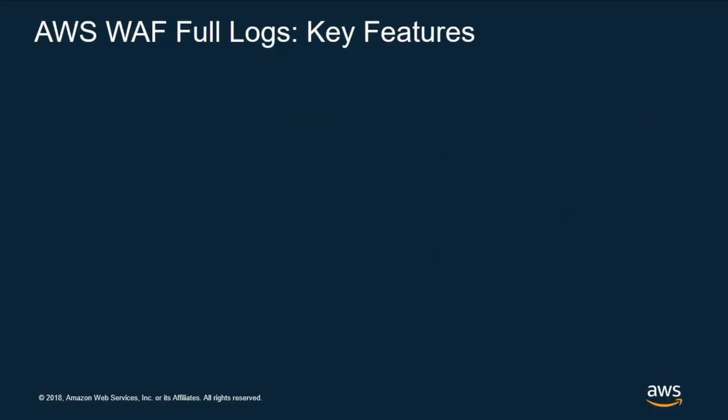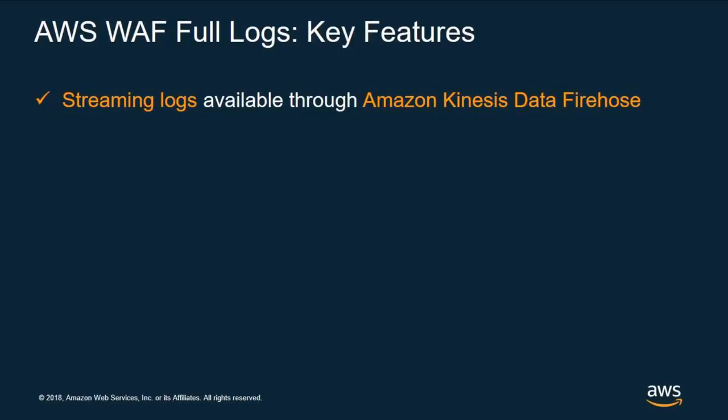So let's quickly look at the other features of WAF full logs in a little more detail. WAF logs are streamed to you, and specifically they are available via Kinesis Data Firehose, which is a streaming platform to consume real-time data. And these logs are currently delivered to you in a JSON format, the format of which is available in our AWS documentation.